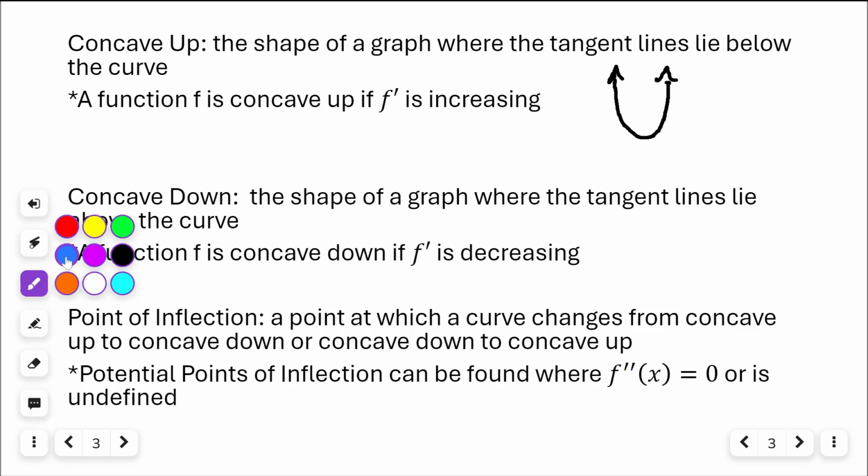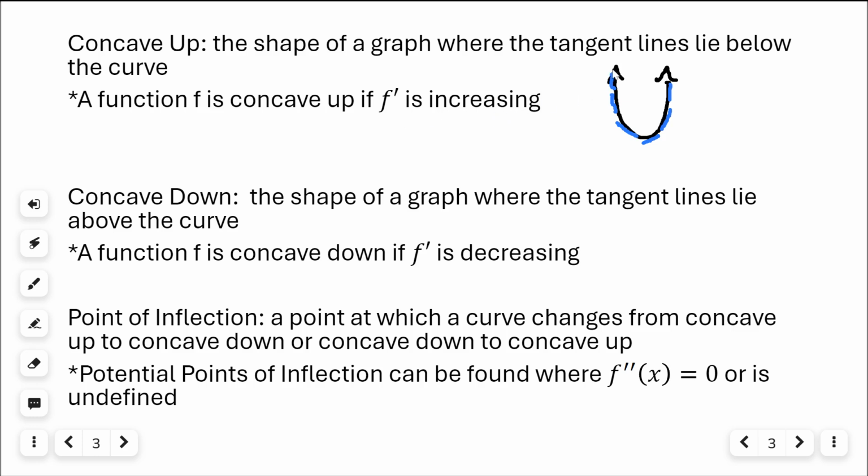So if I challenged you and said, draw some tangent lines on this graph, you would draw them like this. All of the tangent lines are below the curve. A function is concave up if the slopes are increasing.